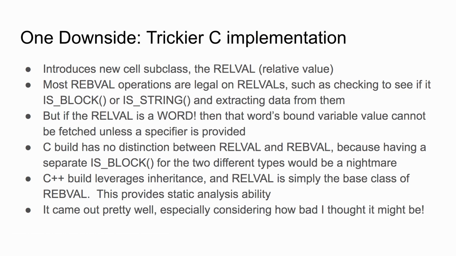So some things you can do, like molding, you can mold out a value without knowing what it's bound to. You can print it. The only time you need to get values fully resolved is if you're going to look up, if it's a word, what the value of that word in the context is. So some parts of the code deal in RELVALs, which may or may not be fully specified, and it has to be unified.